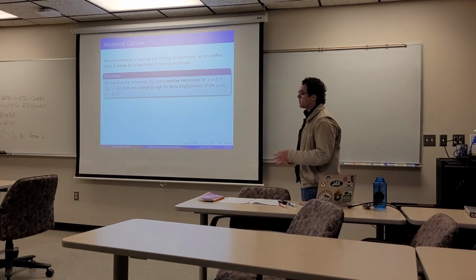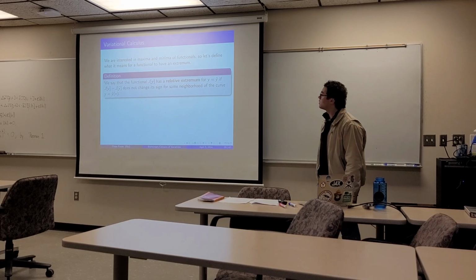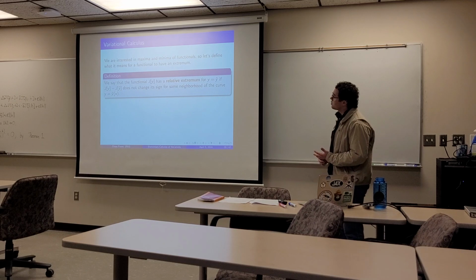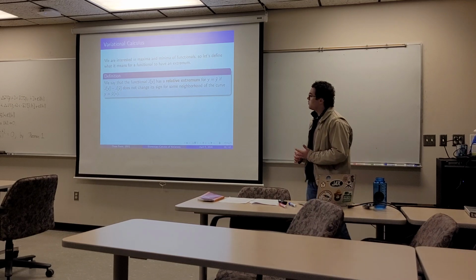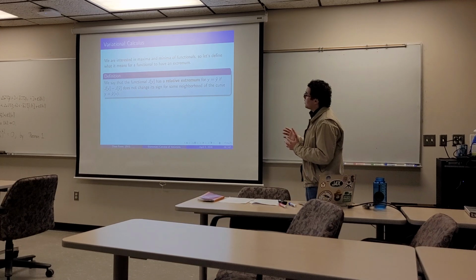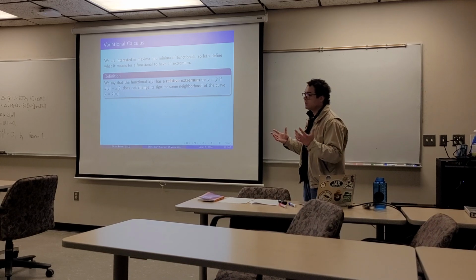Okay, so we have an idea of a derivative, taking derivatives of functionals over function spaces. And now we want to use this to find maxima and minima of these functionals. So we say that a functional J has some relative extremum for some point y hat if the difference between J(y) and J(y hat) in some neighborhood around y hat does not change sign.